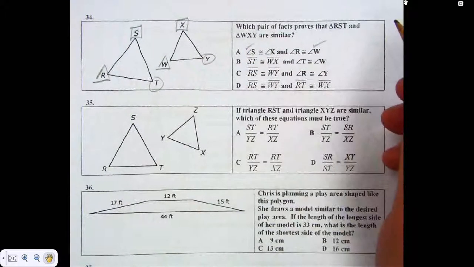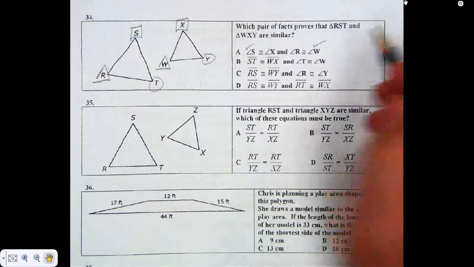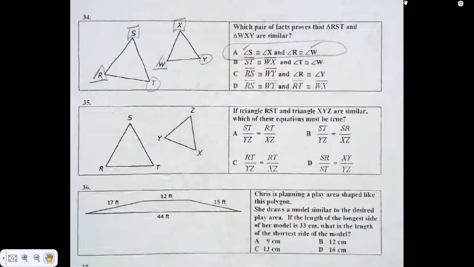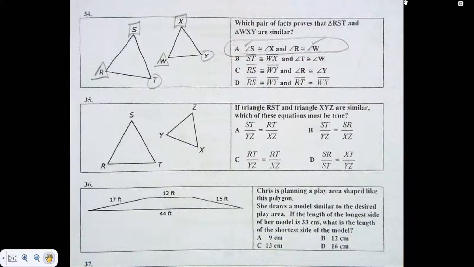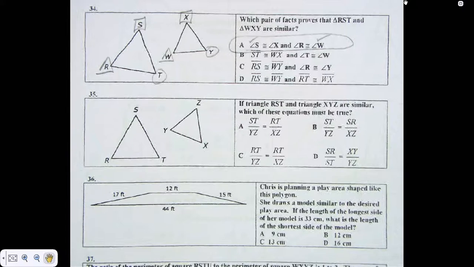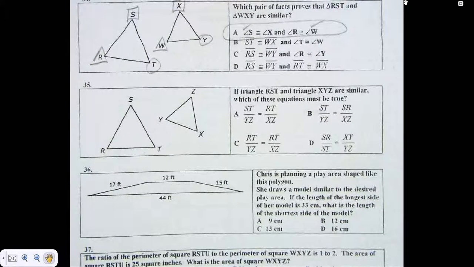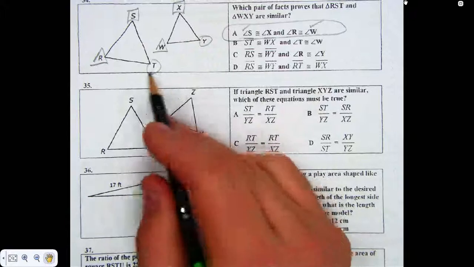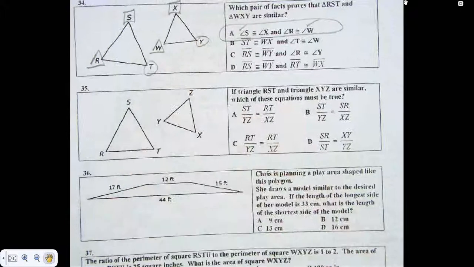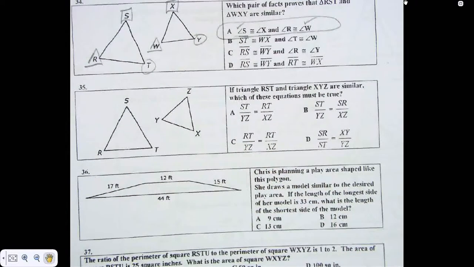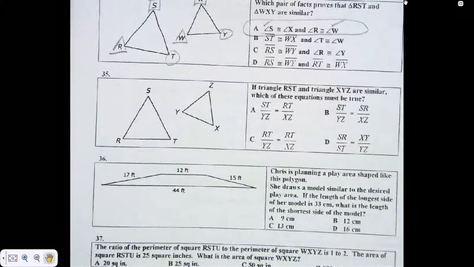How about R congruent to W? That would be good there. That would be angle-angle, wouldn't it? Yes. And that's enough. Okay. You notice how I put different shapes? Yeah. You can do any little thing like that you want to help you see things.